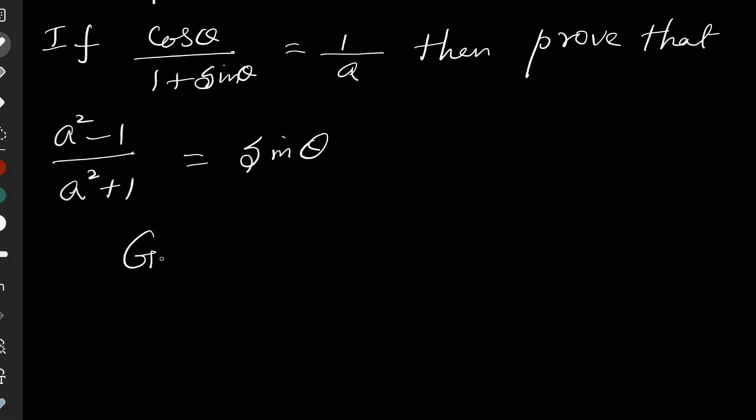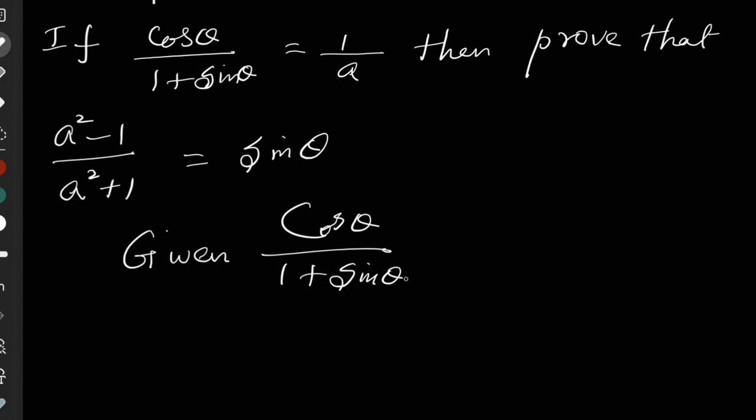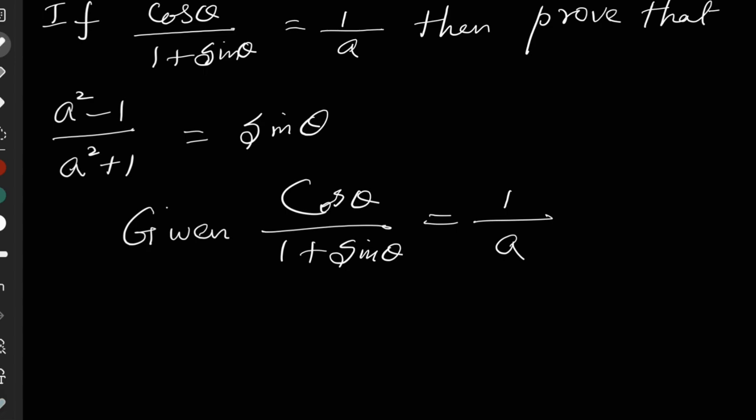First you take the given statement, given cos theta by 1 plus sin theta is equal to 1 by a. So, first we'll start the problem with the given statement. We have to prove a square minus 1 by a square plus 1 equal to sin theta.